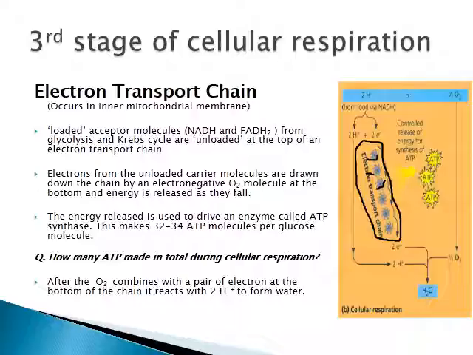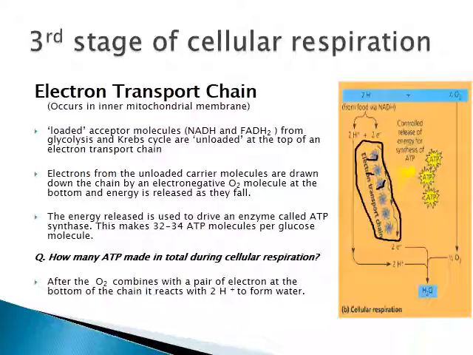So the reason we do that is because also sitting at the bottom of the chain is a molecule called ATP synthase, which is a protein, and it's an enzyme and a transport protein all in one. And what ATP synthase does is it catalyzes the chemical reaction that converts ADP plus Pi into ATP. However, we need to make ATP synthase work. And the way it works is it's activated when it has hydrogen ions diffusing through it.